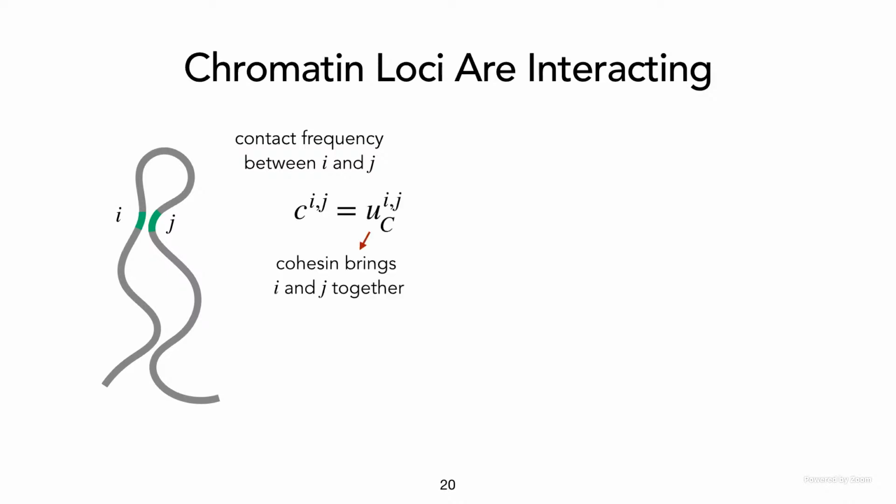Yes, it depends on the cohesin because that's something that brings them together. But then the two contacts might also linger together, for example, if they belong to the same compartment, A versus B, or if there are proteins holding them together. And we can imagine that cohesin might not be the only way to bring those contacts together, because chromatin is also constantly diffusing within the nucleus.